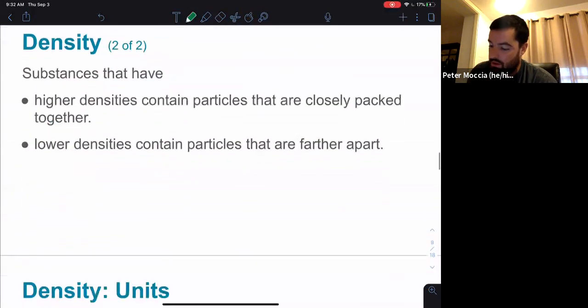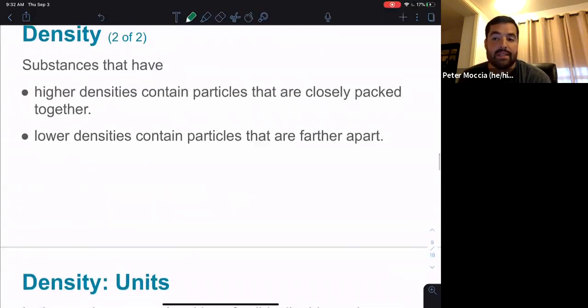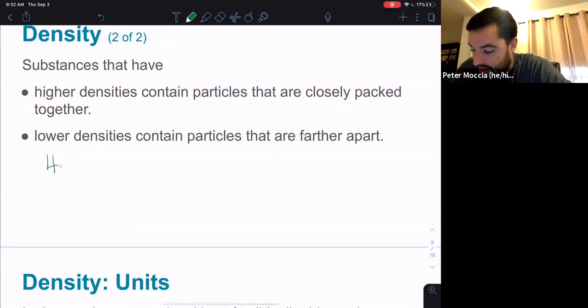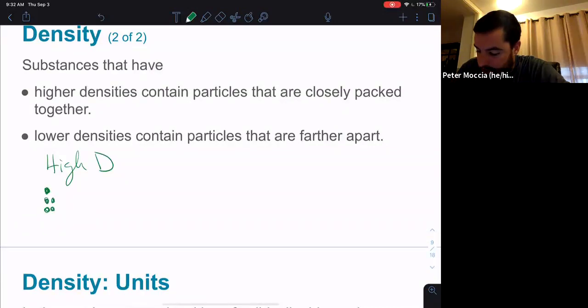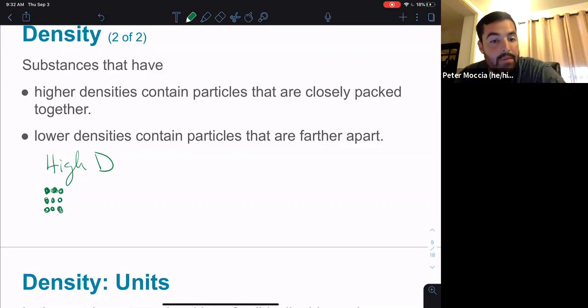So higher density substances have particles that are closer together. So it should look like this. If I have a high density substance, the particles are closely packed together, because there's more mass in a smaller volume.